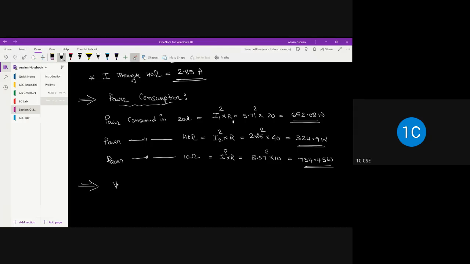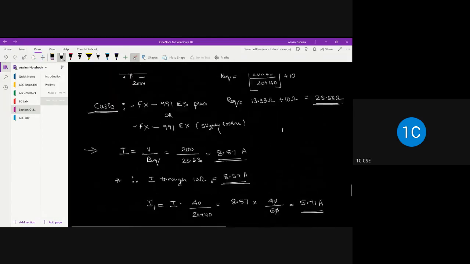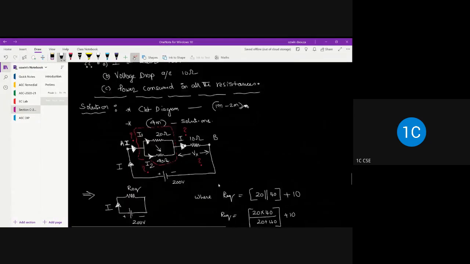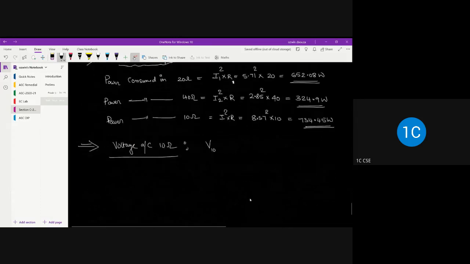Finally, you need to find the voltage across 10 ohm. So voltage across 10 ohm, let us say V10, or what have we written in the circuit? Vx probably. Yeah, Vx we have written.